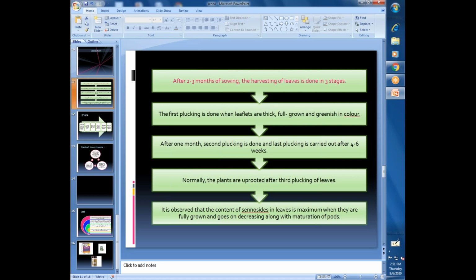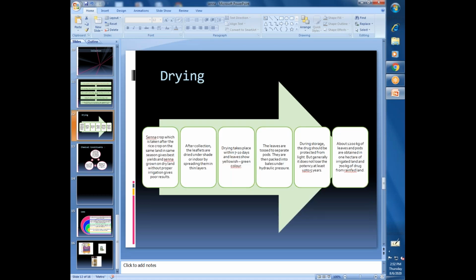Once the pods start maturing, there is no point in collecting the leaves, because there will not be any anthracene glycosides. They will get transferred to the matured pods. Once the matured pods are there in the plant, you should never collect the leaves, because they don't contain any anthracene glycosides. So once you have collected the leaves, then comes the drying.